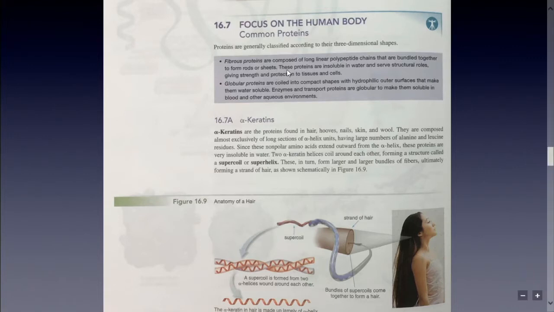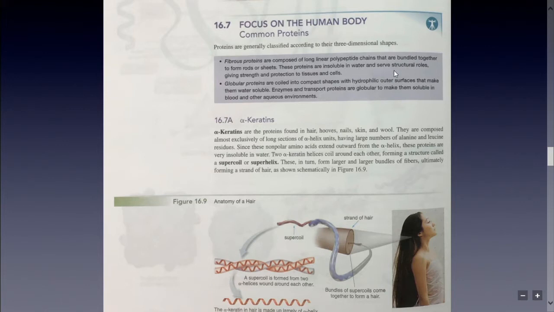But the point is that at the end of the day, if you were to look from a distance, the proteins are going to be like long rods or fibers. And they're going to be insoluble. That's a key word there. Underline that or circle it, whatever. Write it down if you're taking notes. That's a huge distinction there. Fibrous proteins are insoluble. They have a lot of non-polar amino acids sticking out from the fibers that make them insoluble, in water at least.